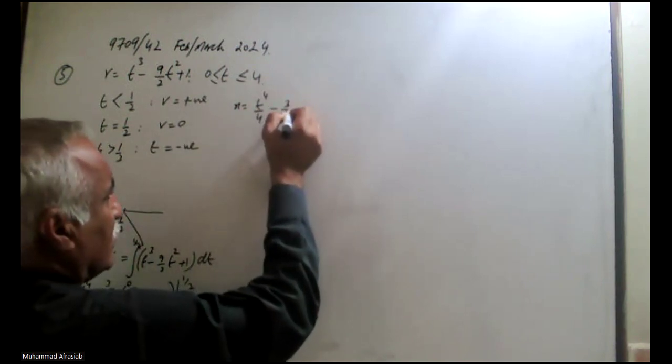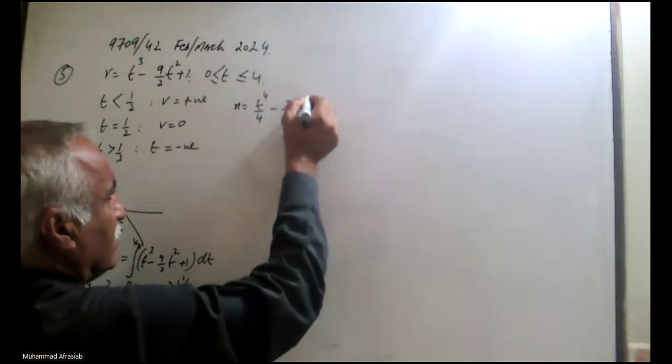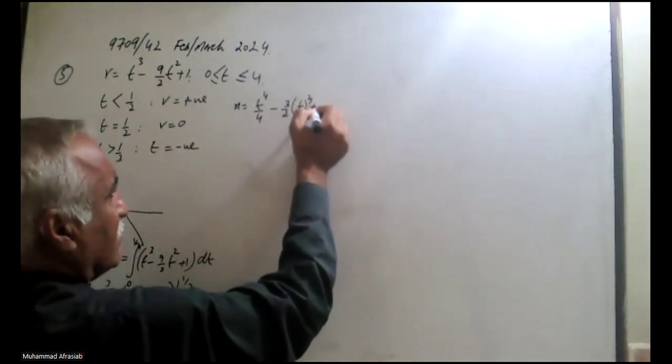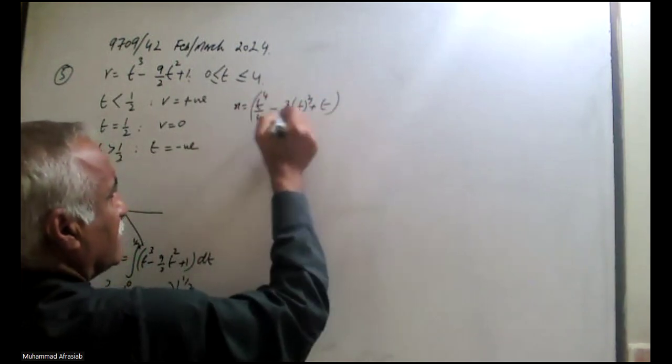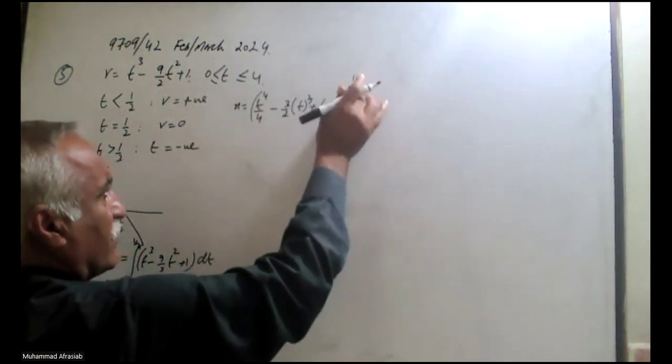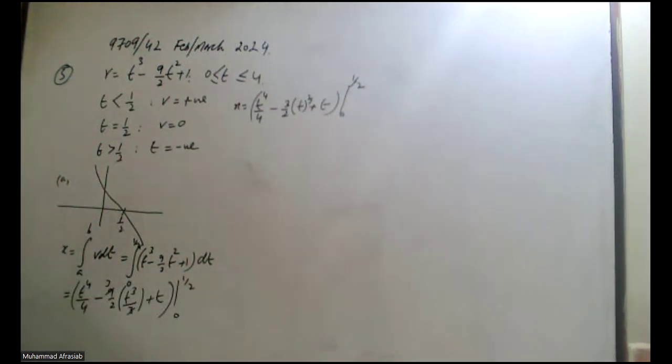So displacement is equal to t to the 4 over 4 minus 3 over 2 t cube, plus the integral of 1, which is t, and the limits are 0 to half. Now we put the upper limit minus the lower limit.